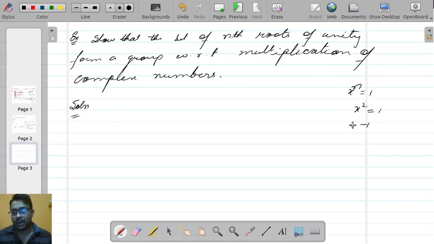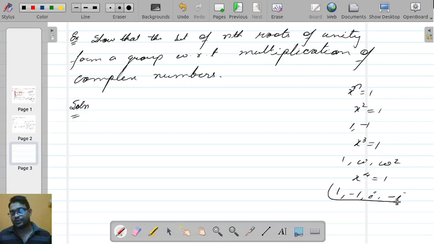These are minus 1 and 1. For x cube equal to 1, what are the solutions? 1, omega, omega square. For x to the power 4 equal to 1, the solutions are 1, minus 1, i, minus i. These are the 4th roots of unity, and 1, omega, omega square are the cube roots of unity.